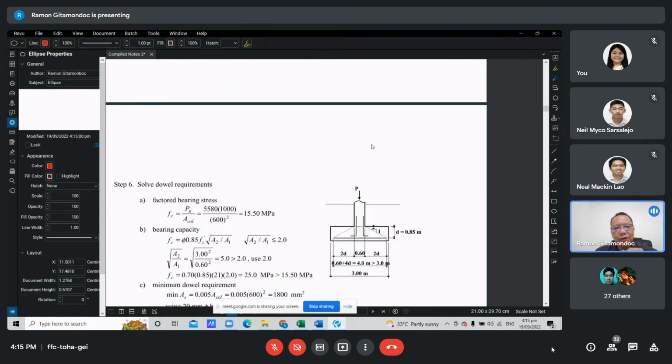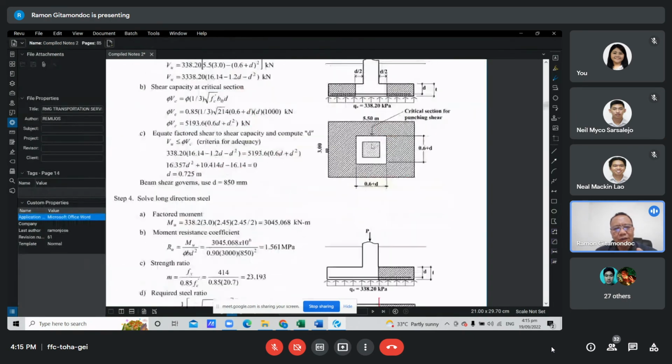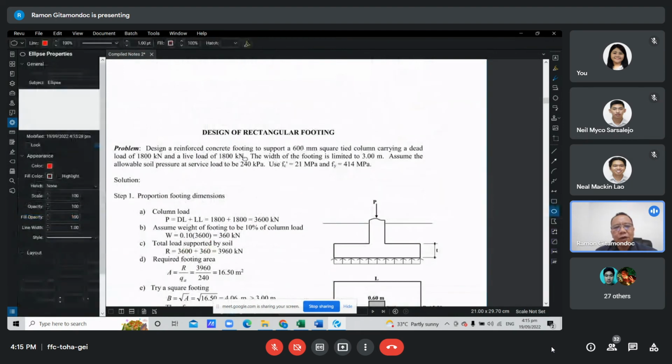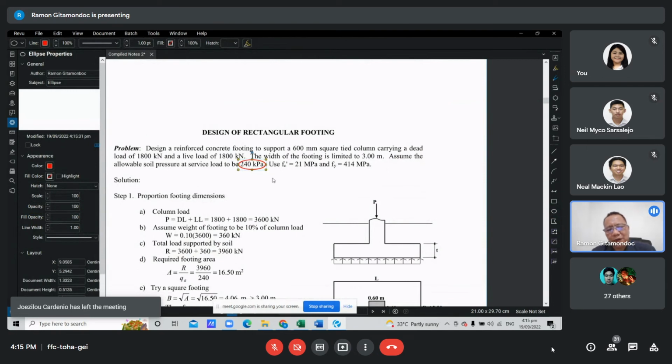And we should remember that this allowable pressure given as 240 kilopascal is a very approximate value, with a factor of safety of 3.0.